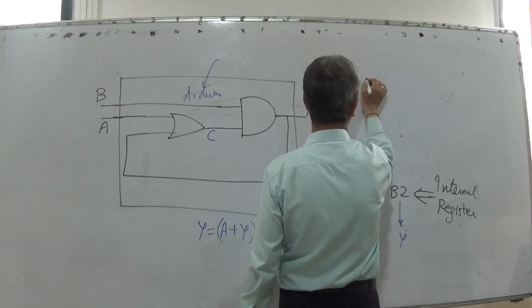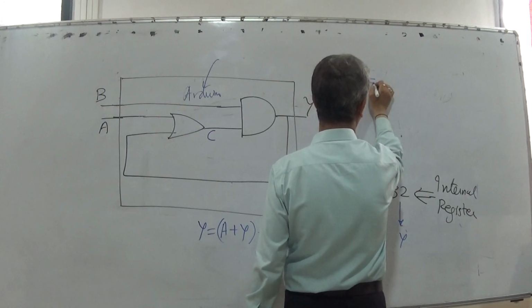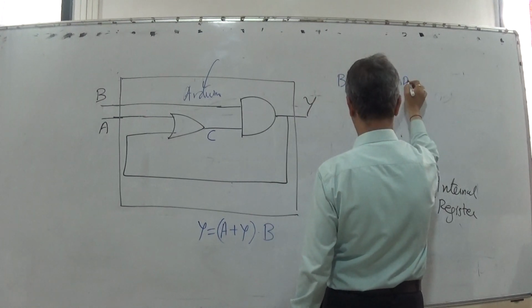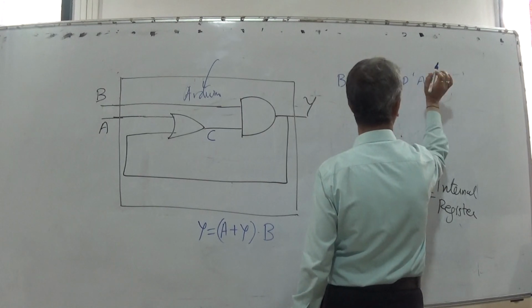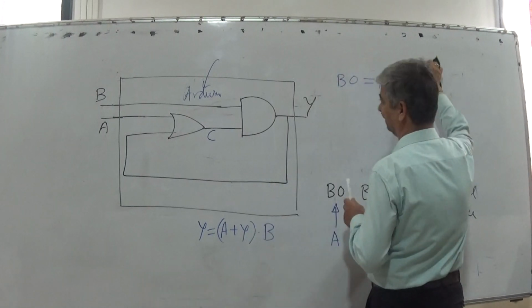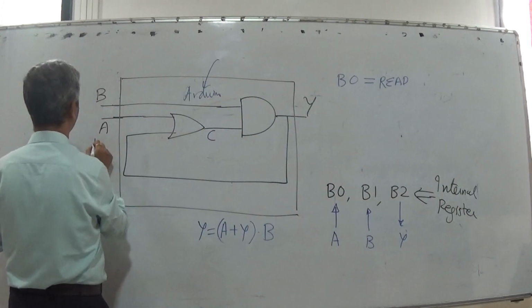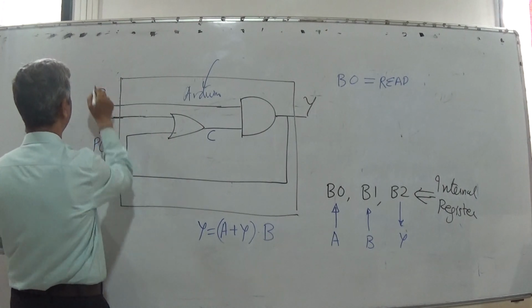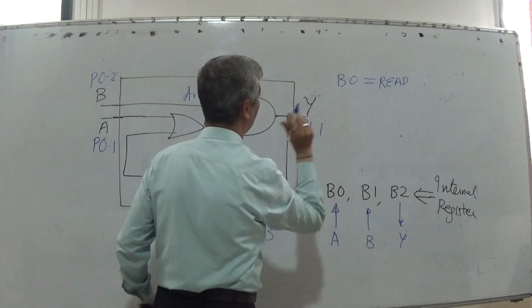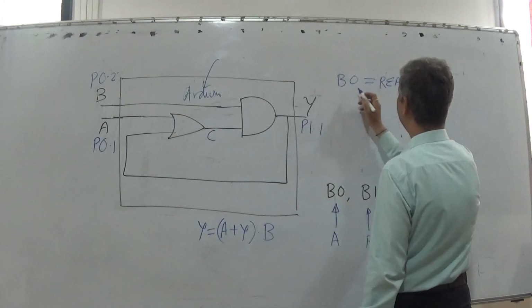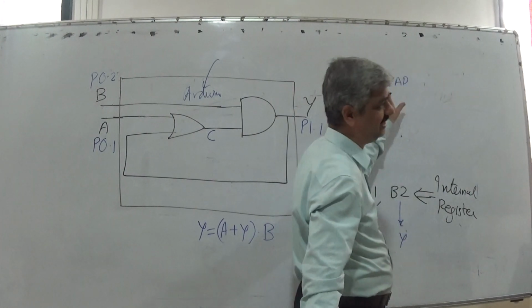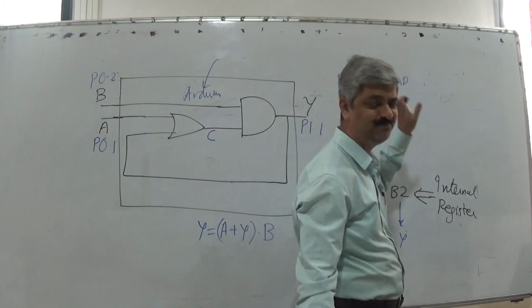My program is: B0 is equal to read A. What is A? A is one pin of the microcontroller. I will say this is port 0 pin 1, this would be port 0 pin 2, and this would be port 1 pin 1. B0 is a bit. This is one instruction format, and assembly language is not important.